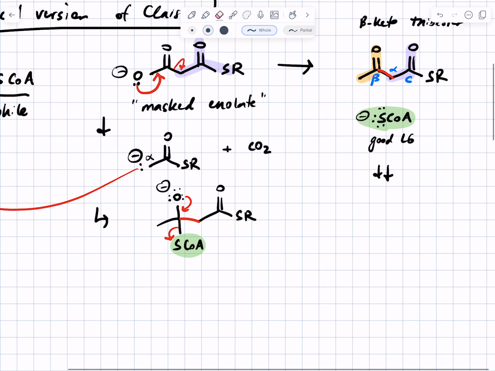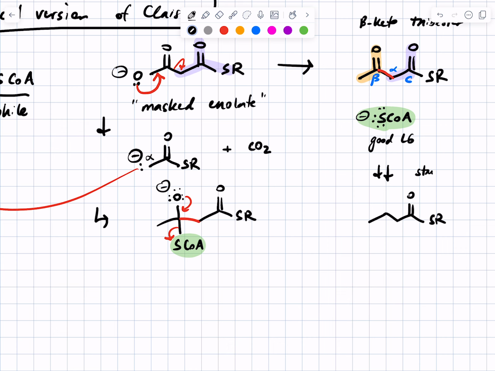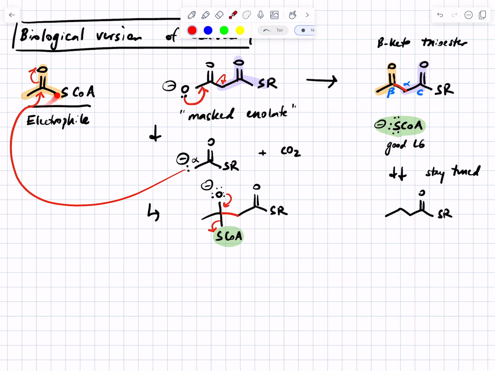This is the first step in fatty acid synthesis, and nature will go on through subsequent steps to actually reduce that ketone to an alcohol, then do an elimination reaction, then reduce again. And stay tuned, because we will talk about all of these steps later. But ultimately, that's going to convert our starting material, which just had 2 carbons, and then our other starting material, which had 3 minus a CO2, into a 4-carbon chain.